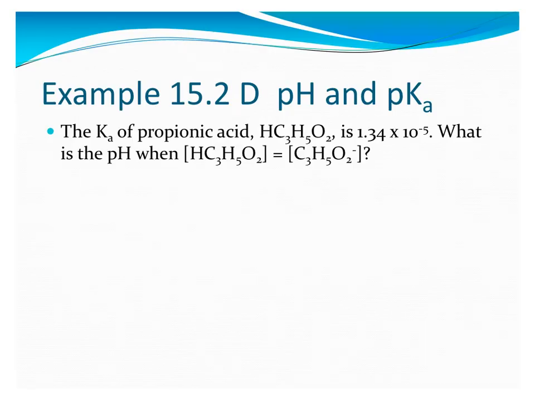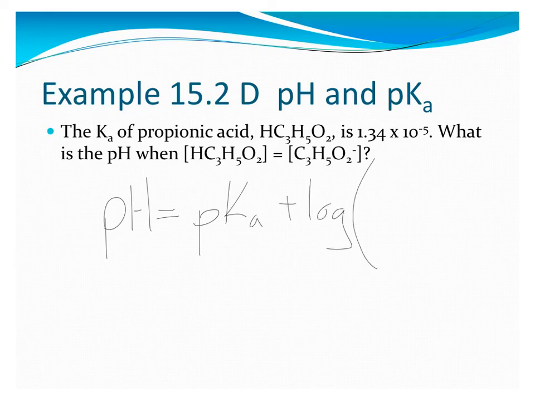And we mentioned it before, but this is really our guidepost for that pKa in the Henderson-Hasselbalch equation. pH equals pKa plus the log of the conjugate base over the acid. This question says, here's propionic acid, what is the pH when the acid and its conjugate are equal, when those molarities are equal?